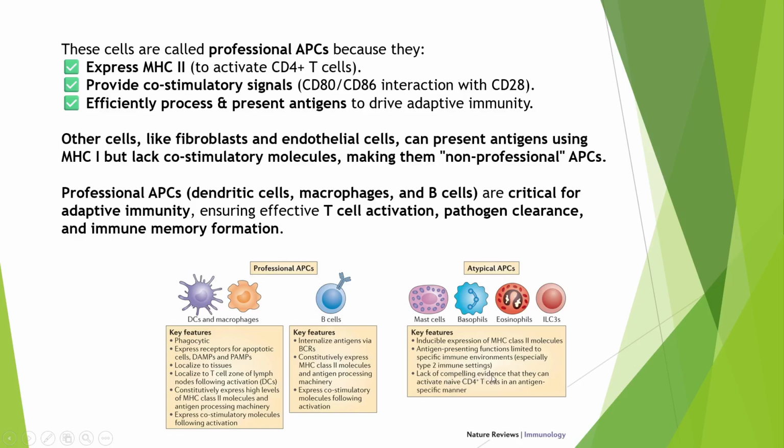They lack compelling evidence that they can activate naive T cells. So it's not sure whether they can completely activate the CD4 naive cells in an antigen specific manner. So this is about the professional antigen presenting cells and non-professional, atypical antigen presenting cells.